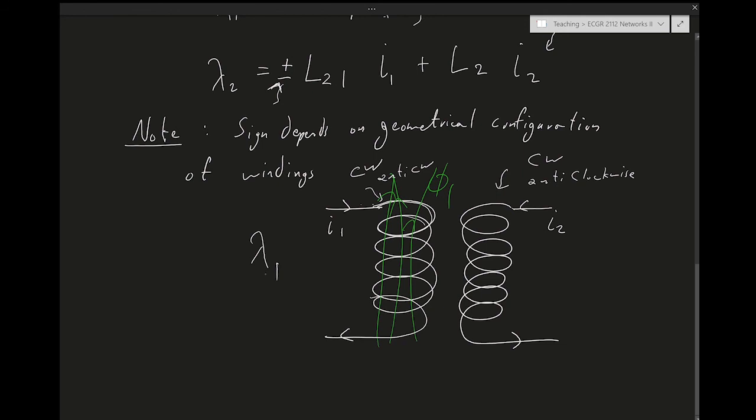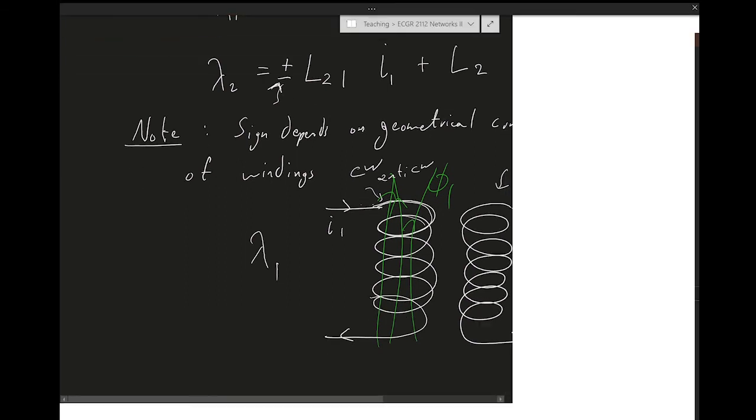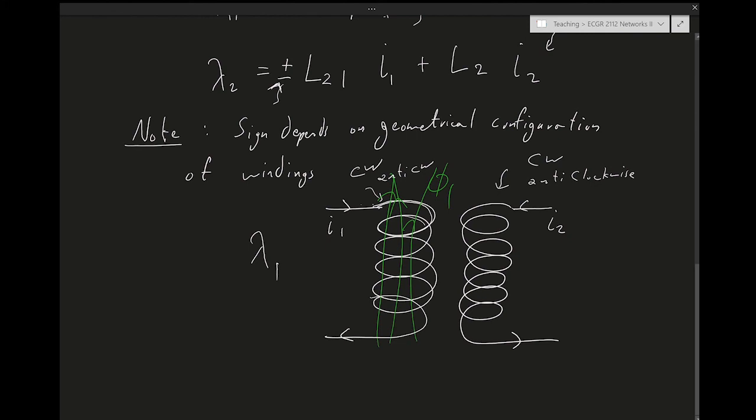But also lambda 1 is going to be a function of the flux due to I2. So let's assume that the I2 winding, this is coil 2, is configured such that the flux coming out from coil 2 is going out in this direction.